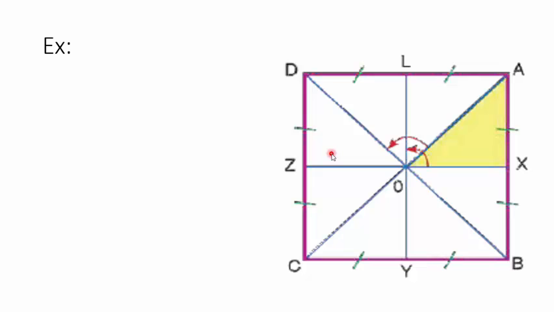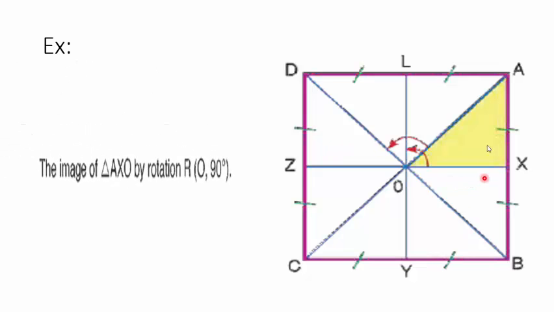Exercise. What is the image of this triangle AXO by rotation R, where the fixed point is O and this is the angle? Then what is the third part? We have the fixed point O and the measure of the angle of the rotation, 90.